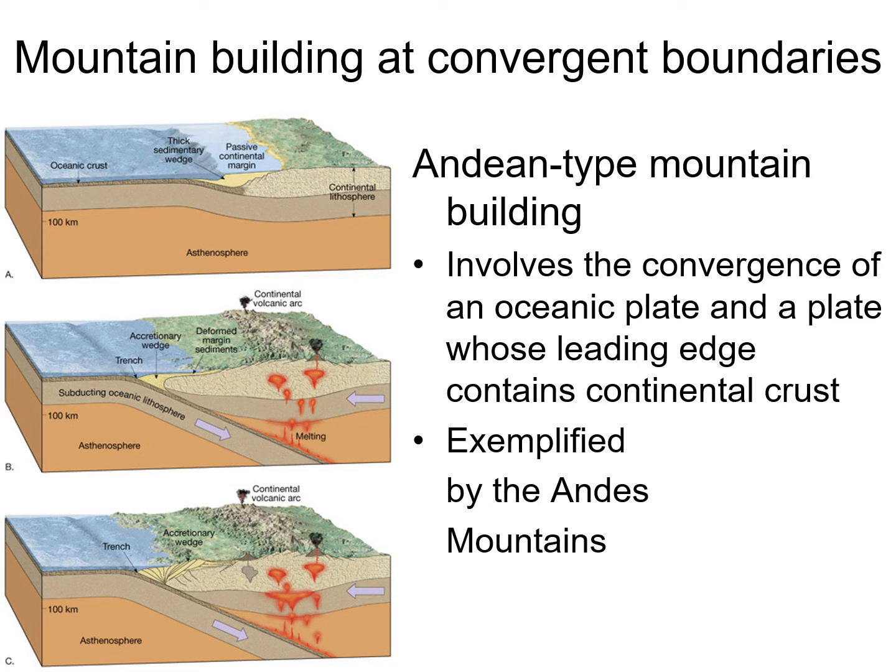Now, with the Andean type mountain building, it is not just the volcanic arc. You can get a parallel mountain range developing that is the top of the accretionary wedge.